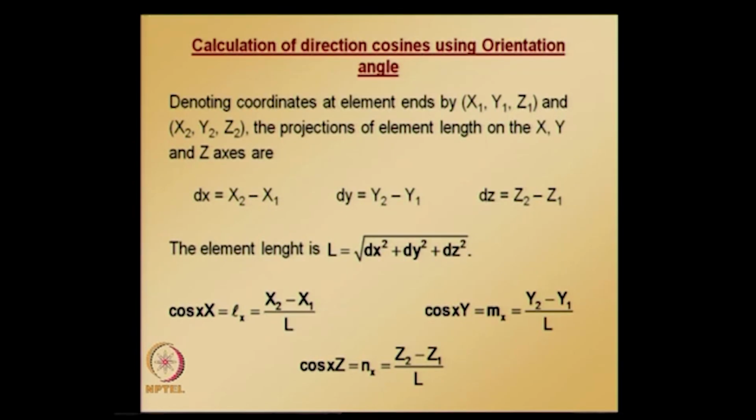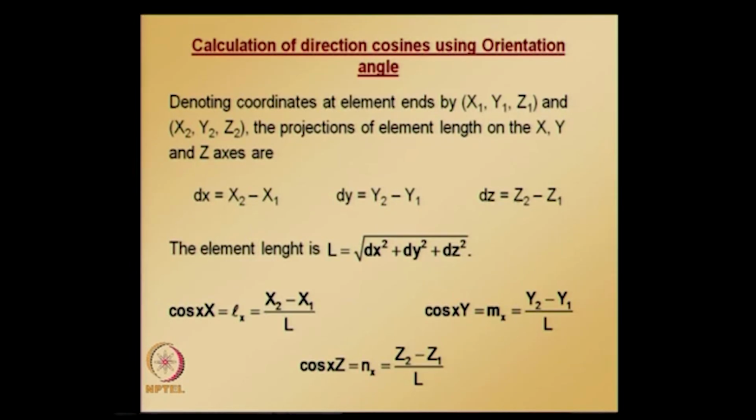So for a space frame element, knowing the coordinates of the endpoints, this is how we can calculate Lx, Mx, Nx. And once we have this Lx, Mx, Nx, we can write a unit vector along the local x axis from node 1 to node 2.